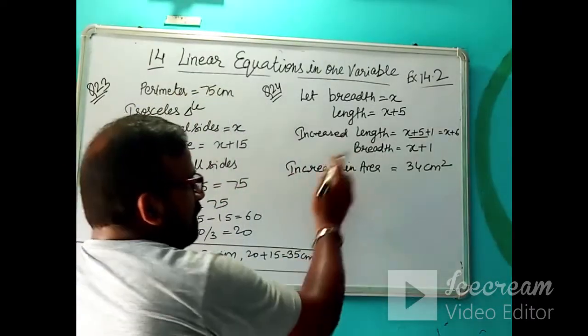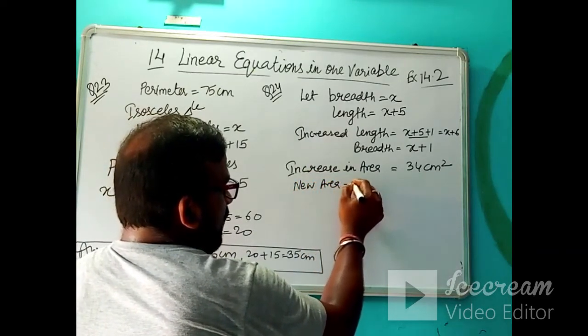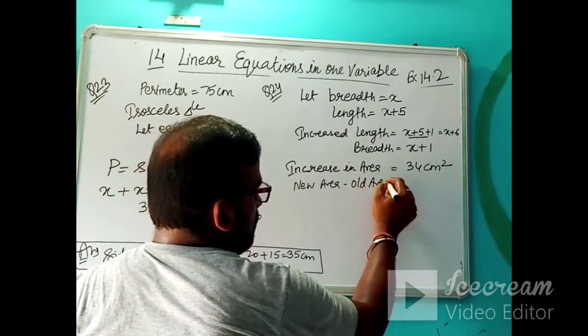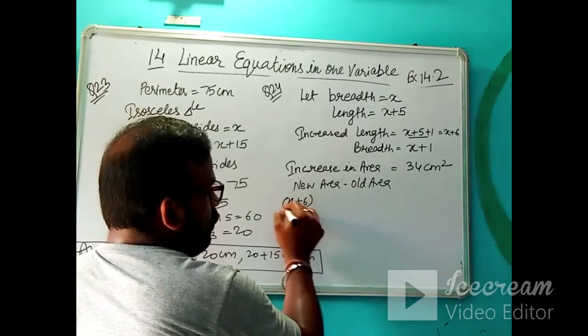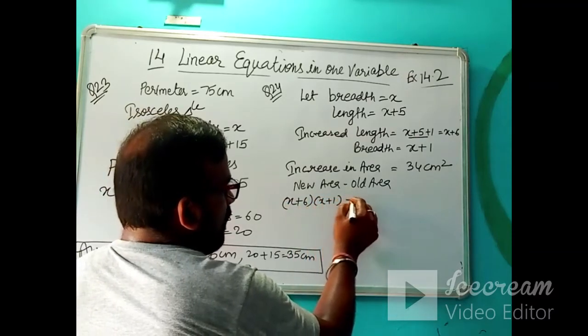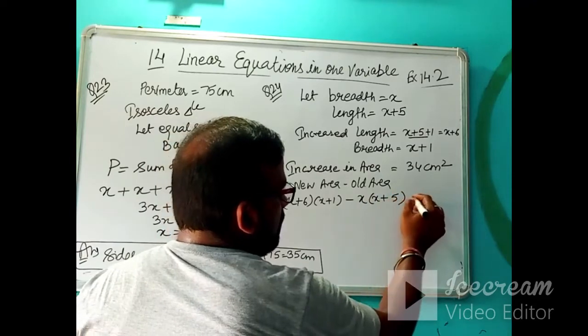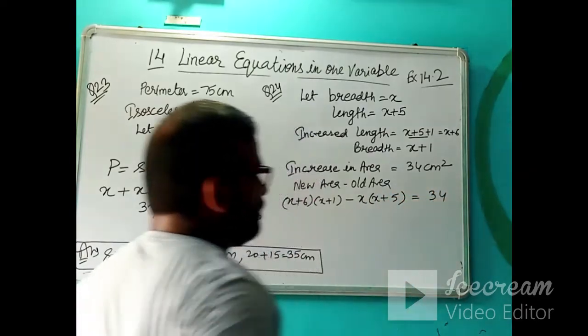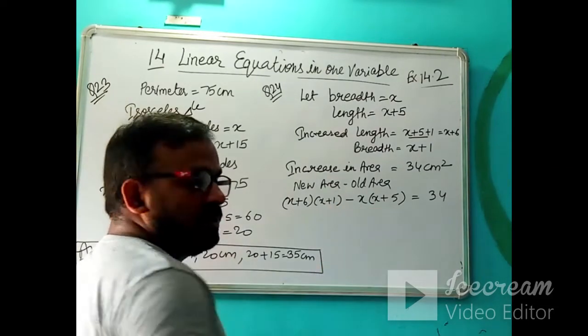That means new area minus old area. New area will be x plus 6 into x plus 1. Old area will be x into x plus 5. And this is equal to 34. So this is our equation.